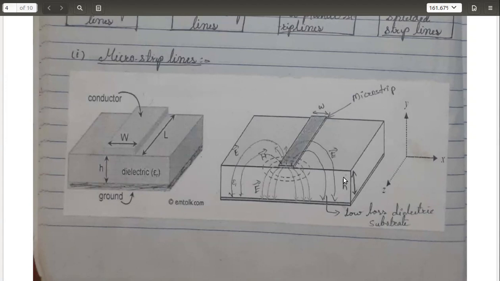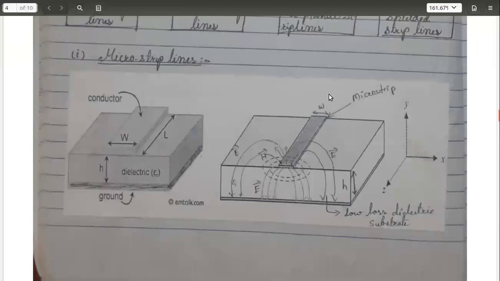Hope you have studied some fabrication processes, how you fabricate NMOS and PMOS transistors. So basically you need a substrate. This base is your dielectric, which has the dielectric constant epsilon r. This is your substrate, a low loss dielectric substrate. You have a conductor here.